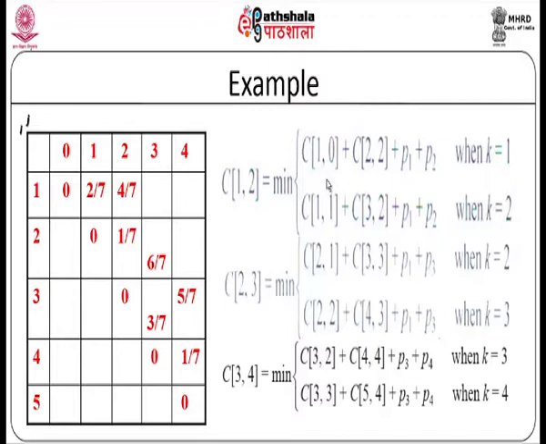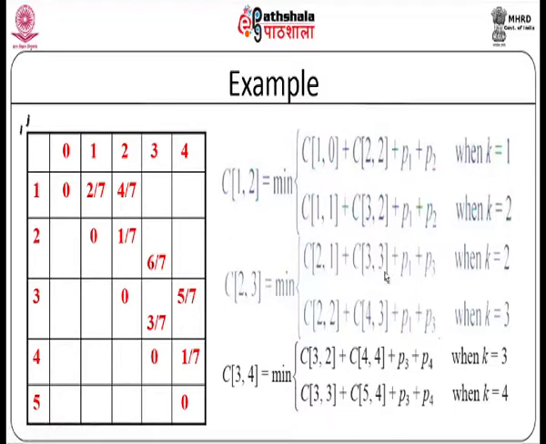That means we have 2 elements, therefore it is going to be P 1 and P 2. This is when k is equal to 1, and when k is equal to 2, it is going to be C of 1 comma 1 plus C of 2 comma 2.